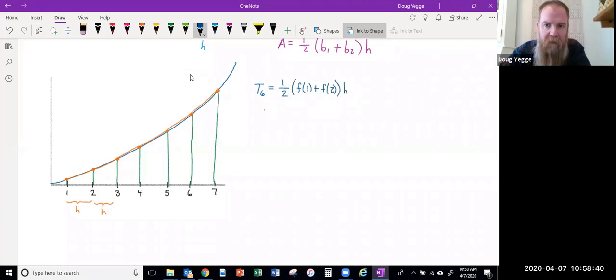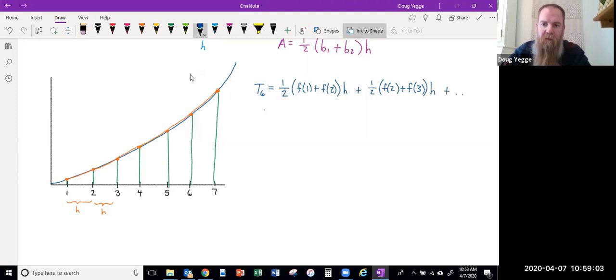times the height. But then I'm going to be adding on the second one, which is going to be f of 2 plus f of 3, because those are the bases, right? So notice that we're going to add another 1/2 times f of 2 plus f of 3 times the height.